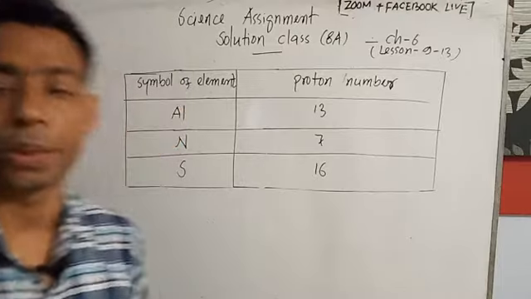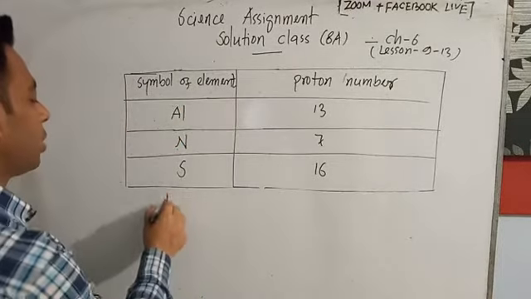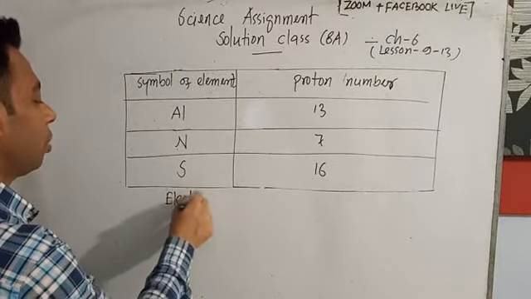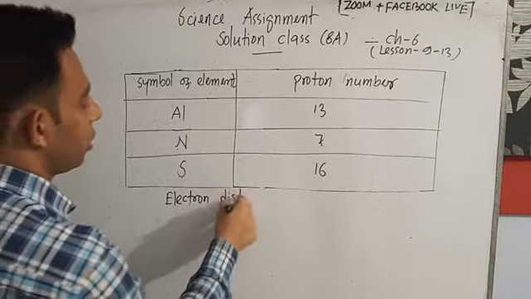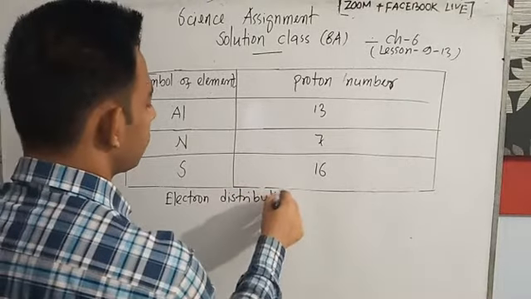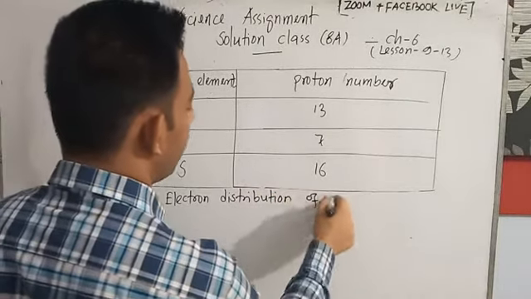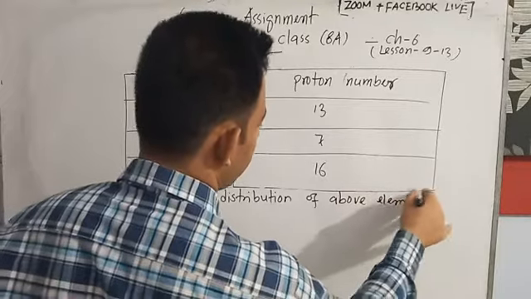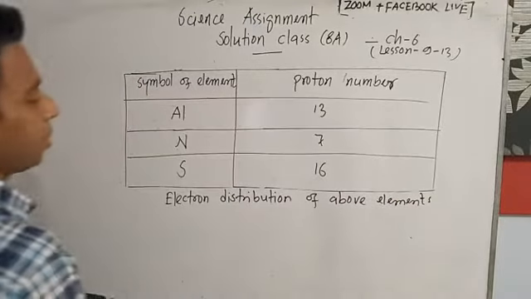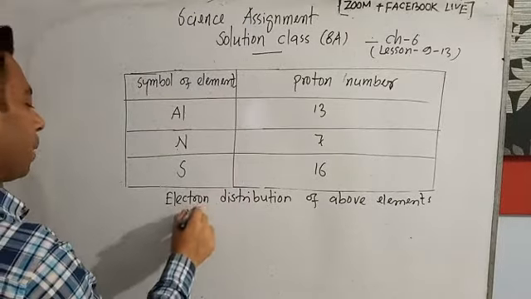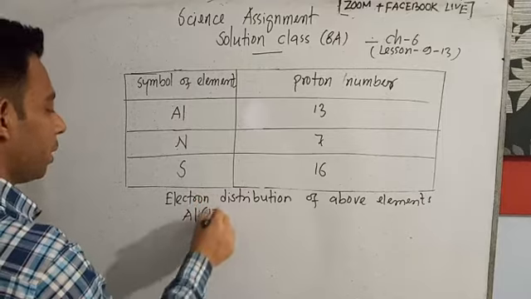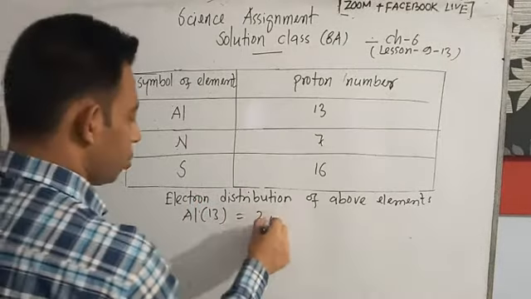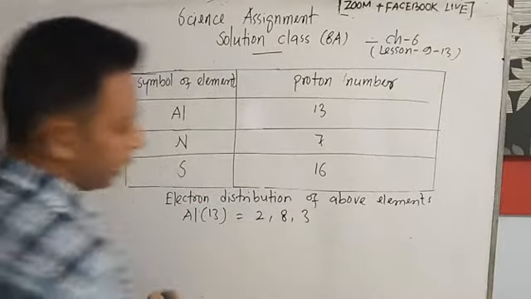Yes, then what should we do? The electron distribution of the above elements. Then for the above elements you will write the electron distribution. So aluminium, 13. We know it is 2, 8, 3.